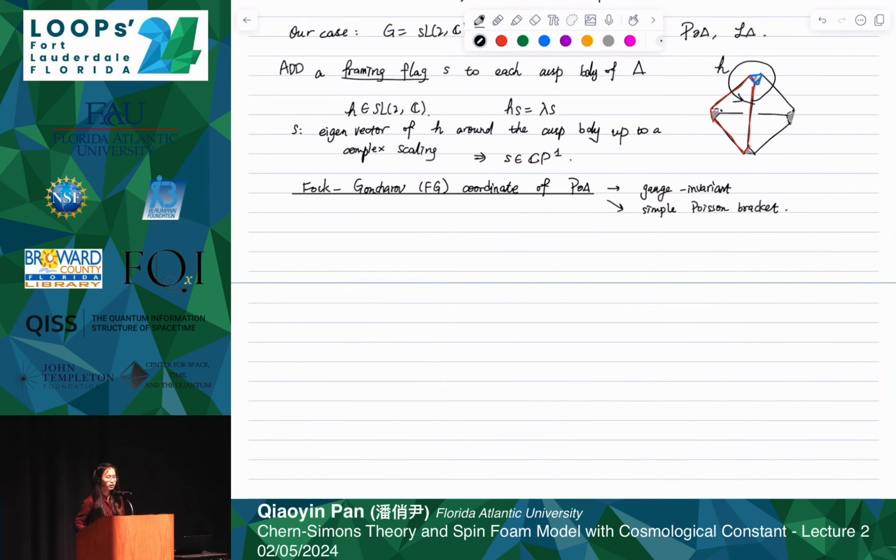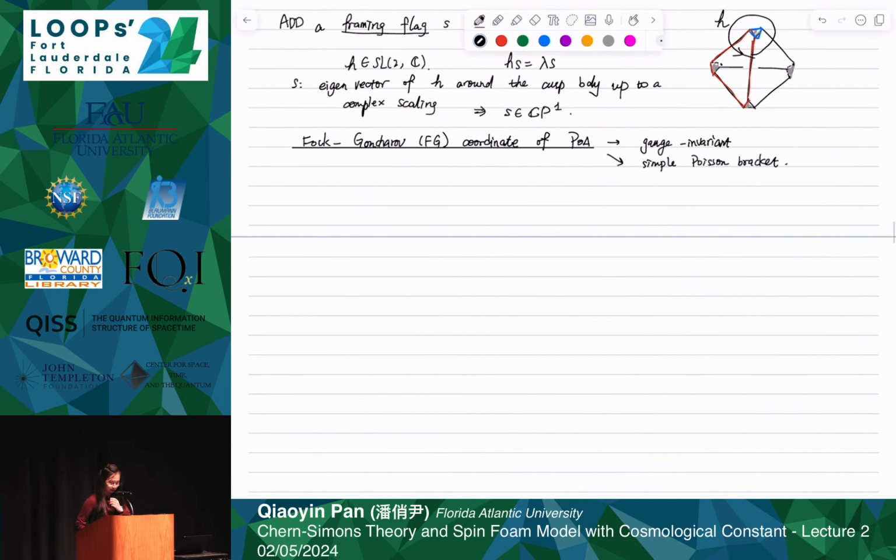Okay, how do we define this using the framing flag? These coordinates are associated with the edges of the geodesic boundary, for example this edge here. Each edge on the boundary of the ideal tetrahedron can be viewed as a diagonal of a quadrilateral.